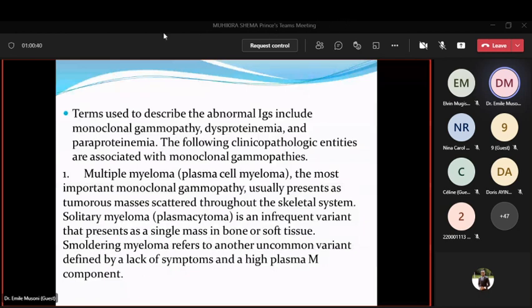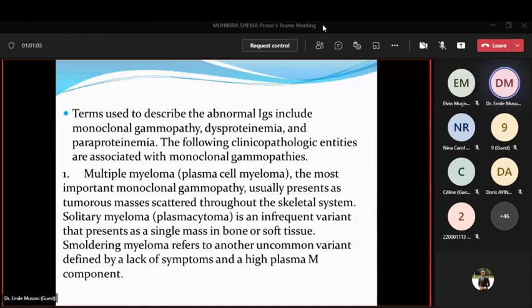Monoclonal means that there is one cell type involved in that disease. Usually, they present as tumorous masses scattered throughout the skeletal system. Most of the time, they are on the bone. It can be multiple or solitary.